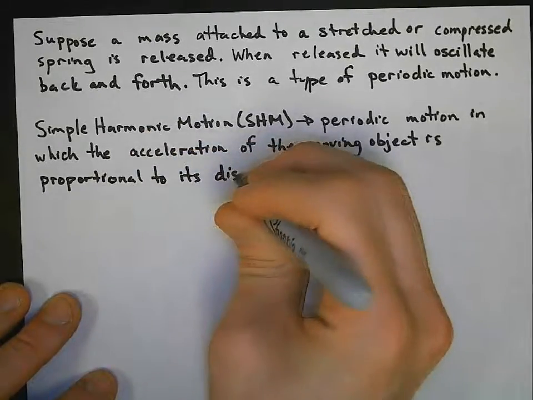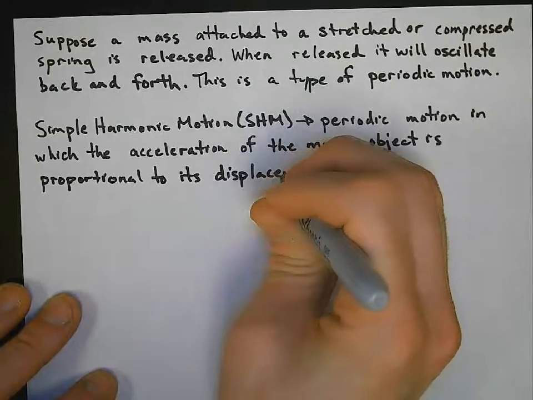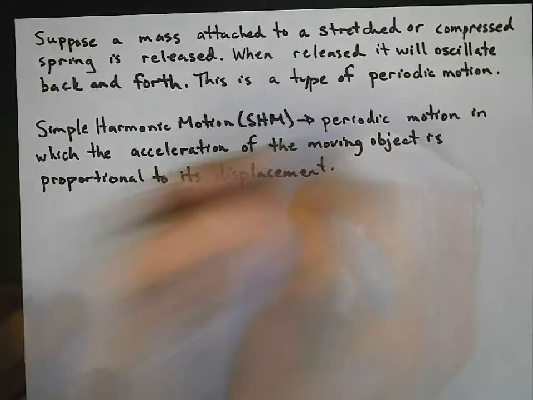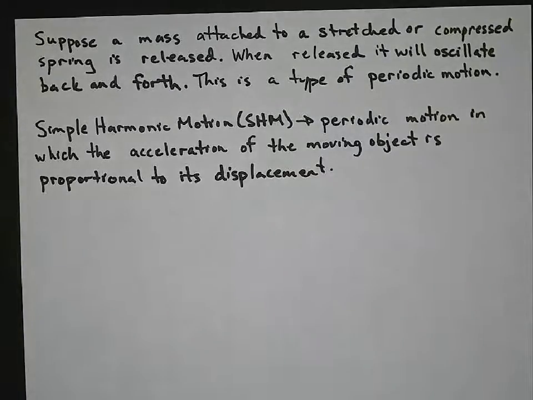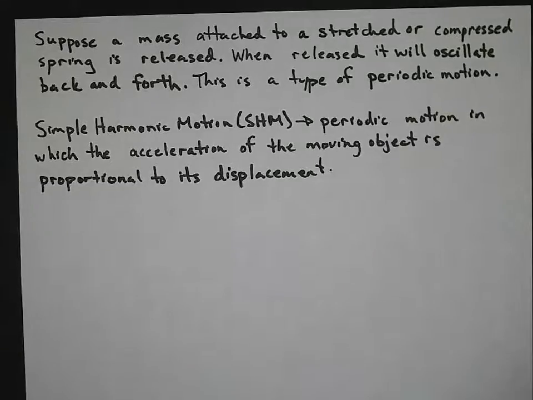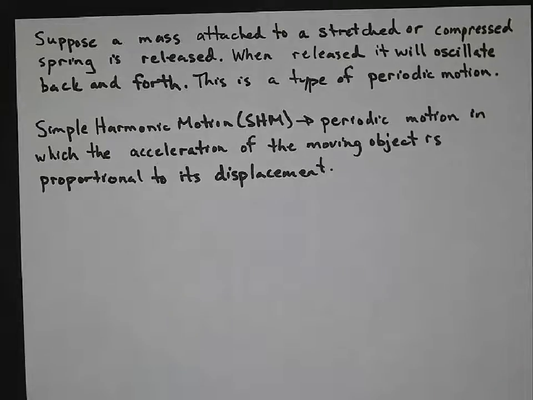We know it's proportional to its displacement if the force at its maximum peak amplitude is the highest there. And it will decrease our force as it comes back to its resting position. That's how we know we have simple harmonic motion.